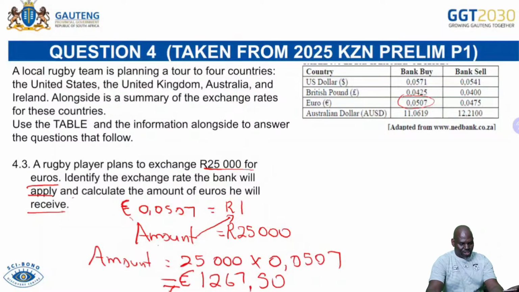Okay, so the exchange rate is 0,0507. That is how we identify and calculate the amount of euros he will receive. So he will receive 1,267.50 euros. Remember, there are two questions there we had to identify. We have identified 0,0507 and we have used that 0,0507 to calculate the amount of euros.